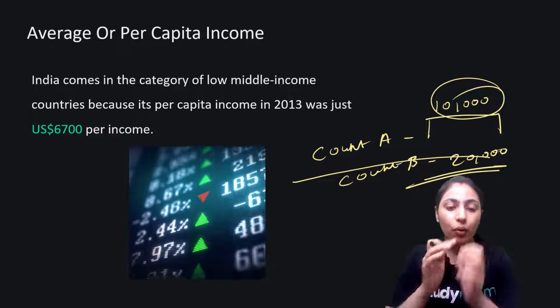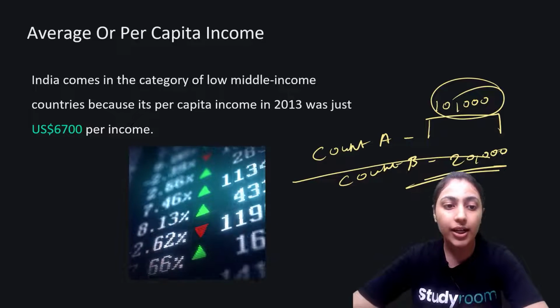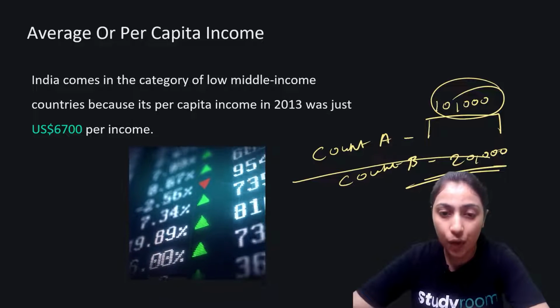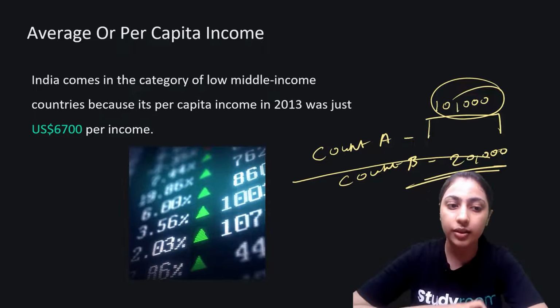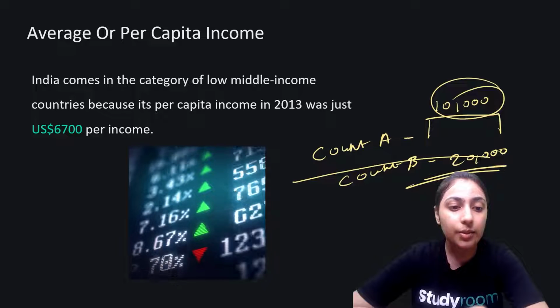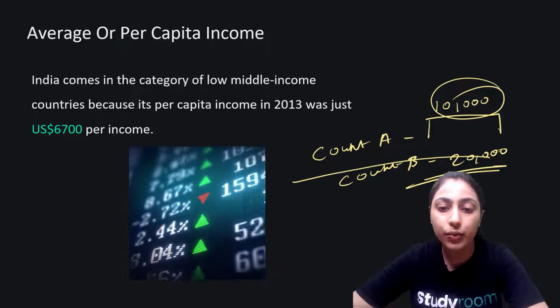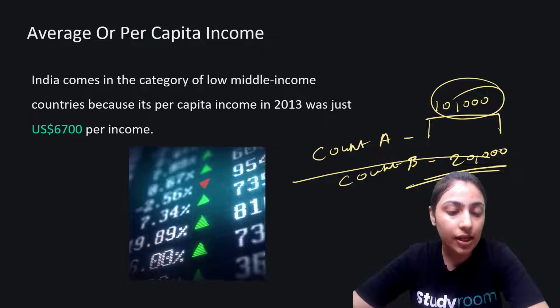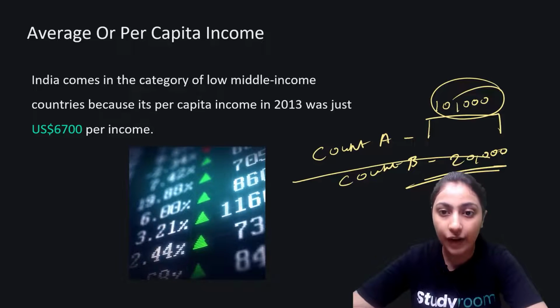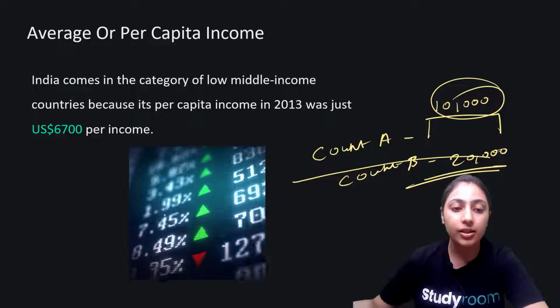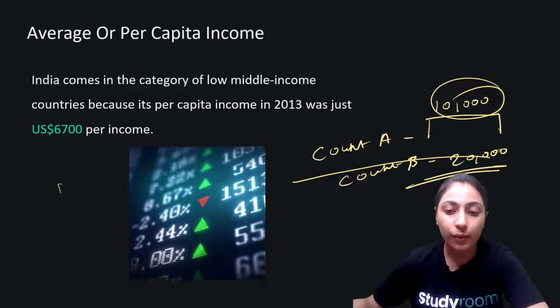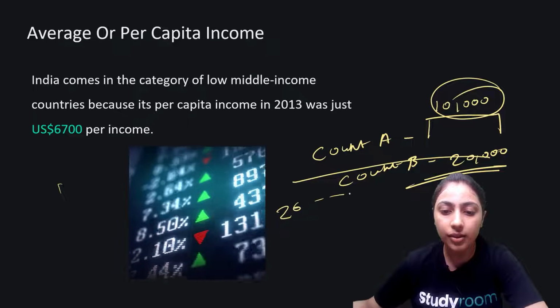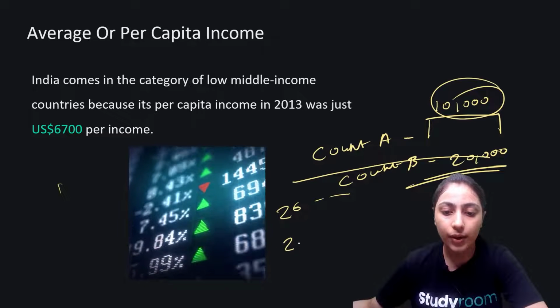Now over here it is written that India comes in the category of low middle income countries because its per capita income in 2013 was USD 6,700. As we discussed, the highest was somewhere 26 thousand or something, and the lowest is somewhere 2 thousand something.